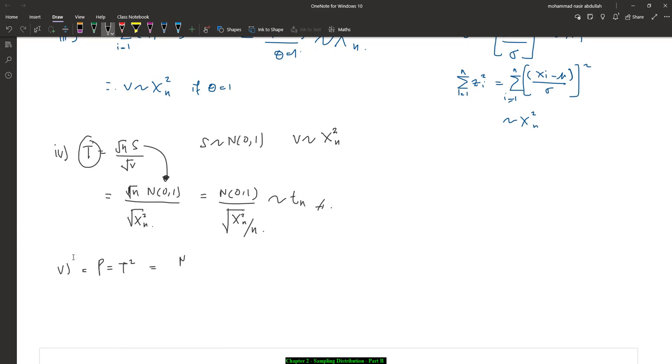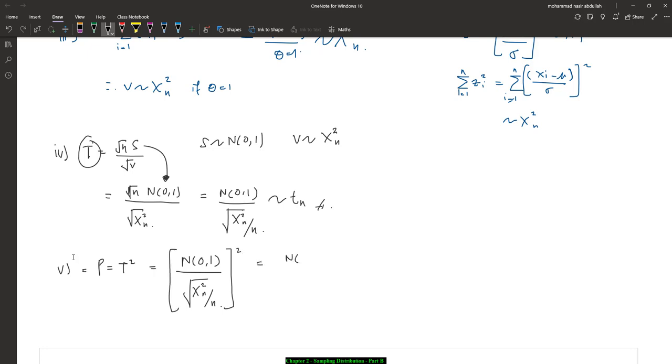So N(0,1), right? This is standard normal distribution, divided by square root of chi-squared with n degrees of freedom, and then we square this one, right?